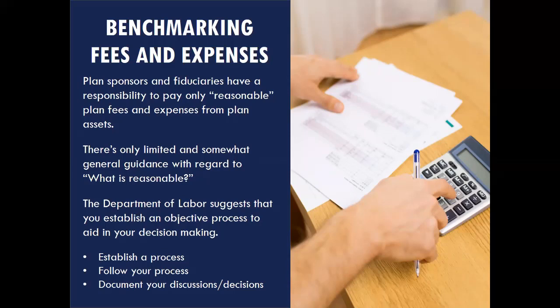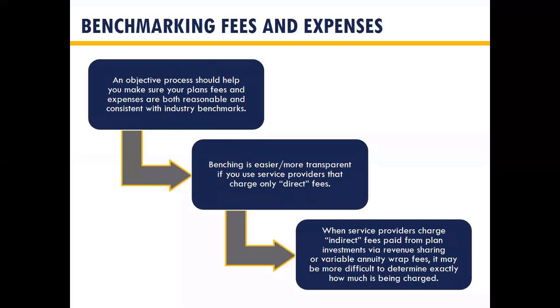And for you to benchmark your fees, you need to establish a process for doing it, follow your process, and then document your discussions that you have annually. And this is going to be kind of at an investment committee level. And so it should help you make the fees and expenses reasonable and consistent with industry standards.